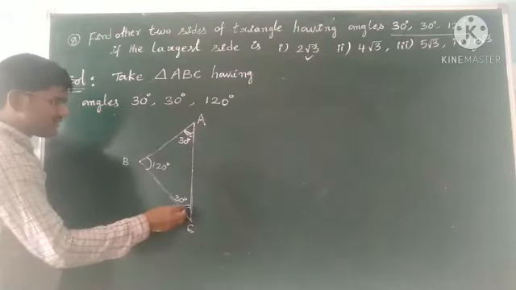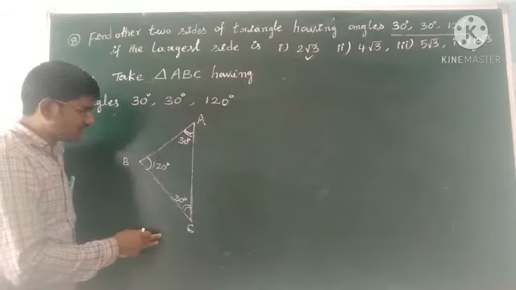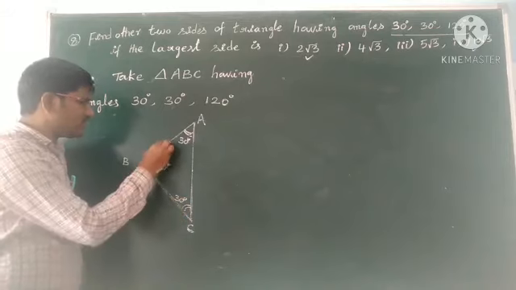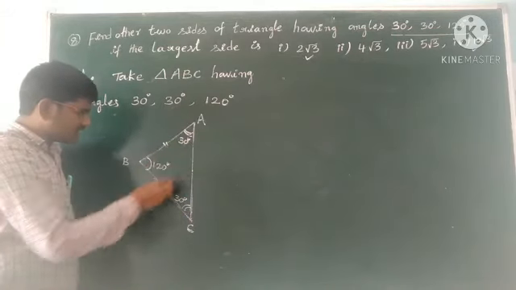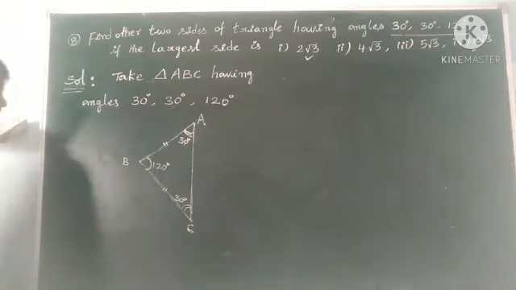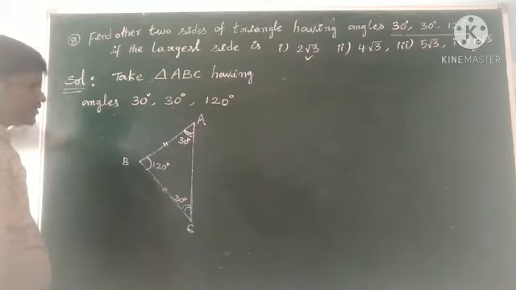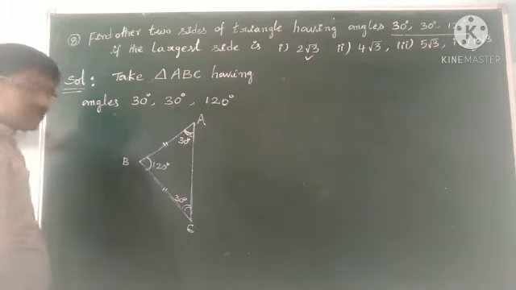So the sides opposite to these two angles are equal. The 30 degrees opposite side is AB, and the other 30 degrees opposite side is BC. Since two angles are equal, AB and BC lengths are equal.